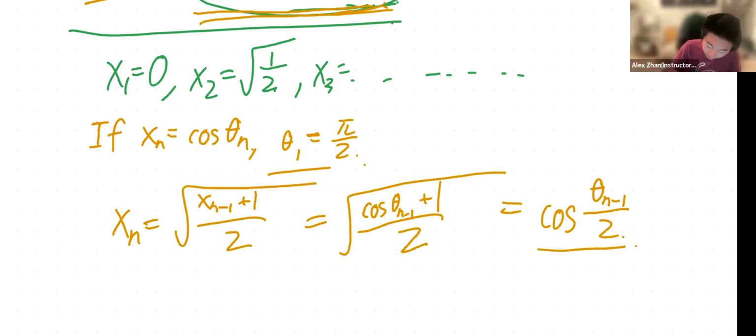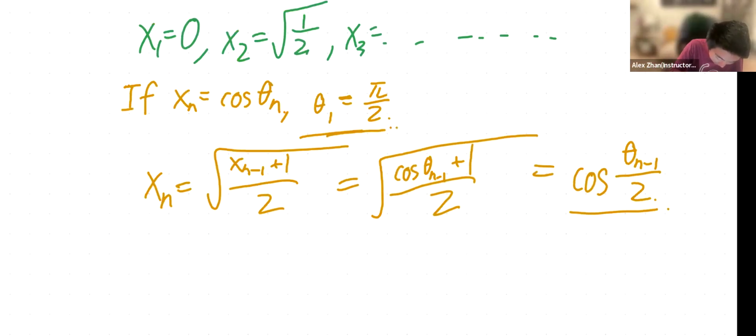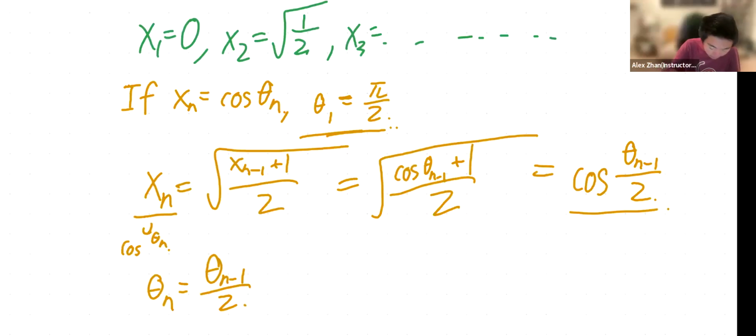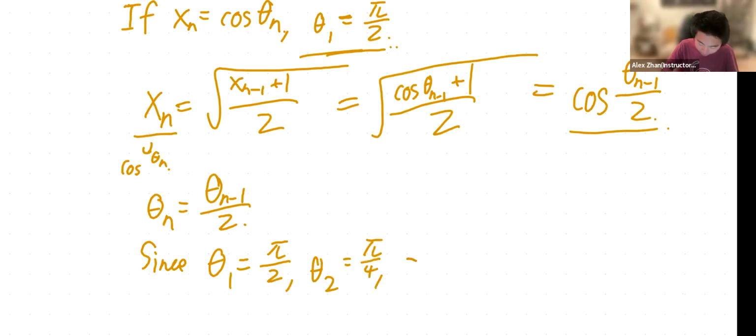Because xn is cosine theta n, this means that theta n is equal to theta n minus 1 over 2. Since theta 1 is equal to pi over 2, theta 2 is equal to pi over 4, theta 3 is equal to pi over 8, and so on.